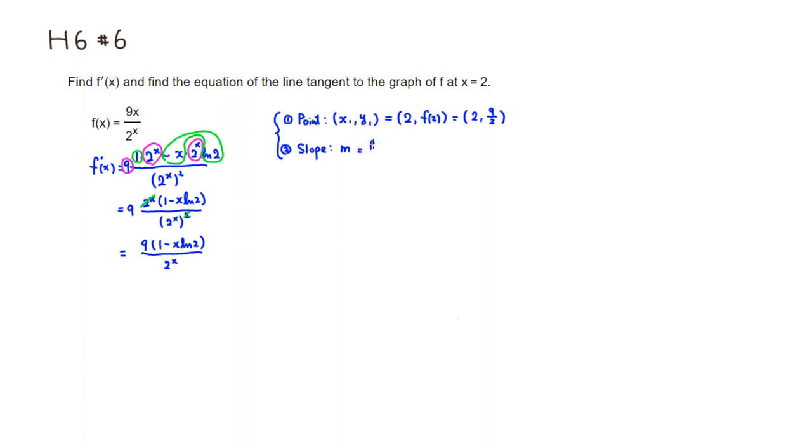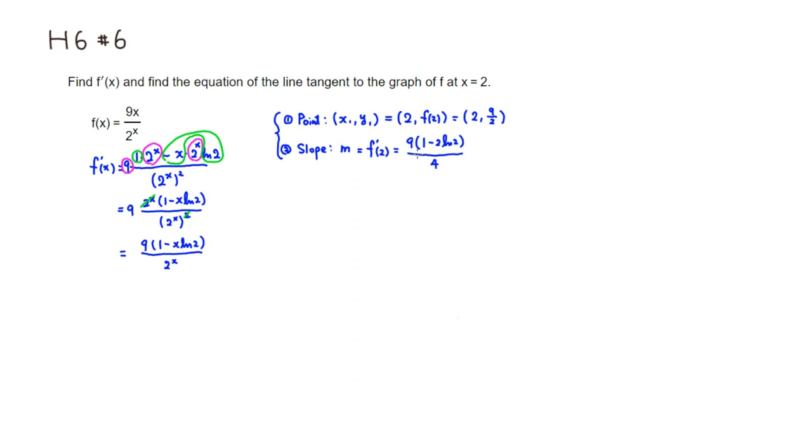So we look at f prime, then plug in x equals 2. So you're going to get 9 times 1 minus 2 times natural log of 2, divided by 2 squared, which is 4. So that's the slope. It's kind of ugly, but I'm going to leave it as it is.